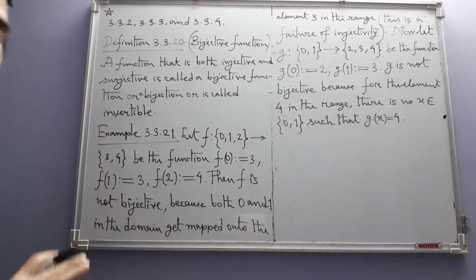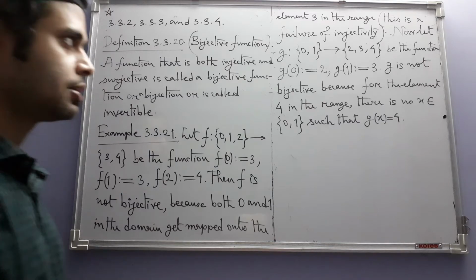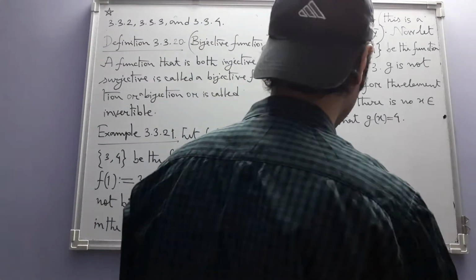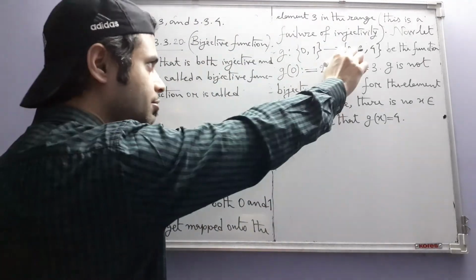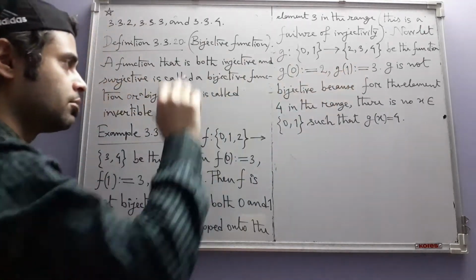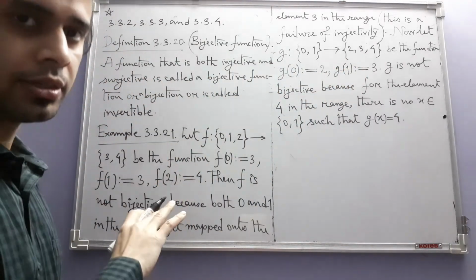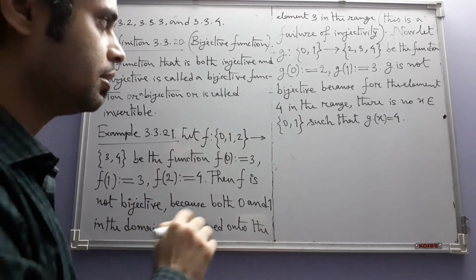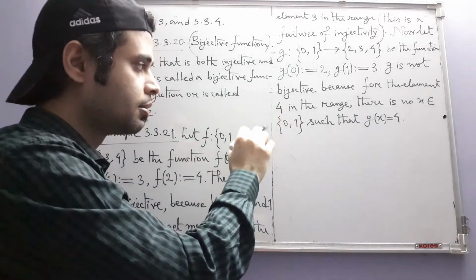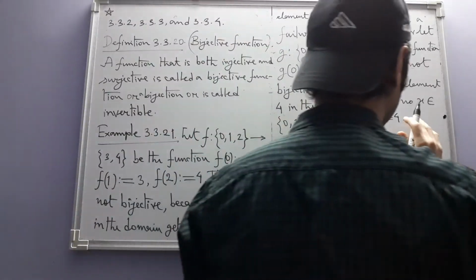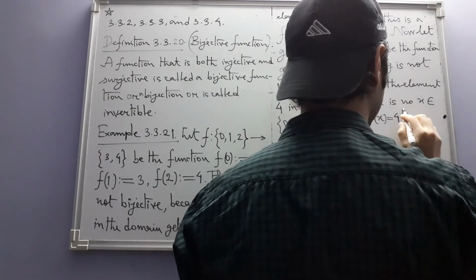So that means this function is not surjective. In a surjective function, every element in the range should come as an output of some element in the domain. That is not happening here for this particular element. So G fails to be surjective, and that's why it's not bijective.